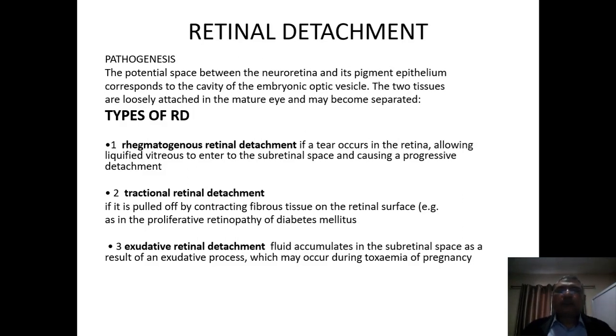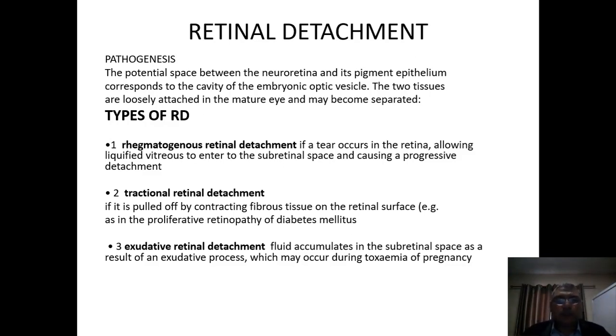Retinal detachment is separation of the neurosensory retina from the retinal pigment epithelium. It has three types. We have rhegmatogenous retinal detachment, where there is a retinal tear that helps the passage of fluid from the vitreous cavity into the subretinal space with detachment of the retina.